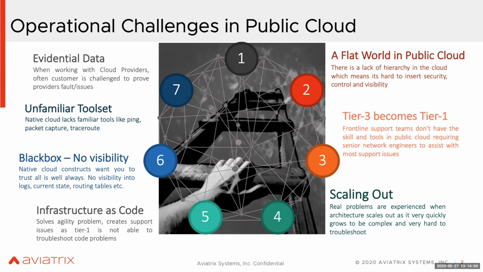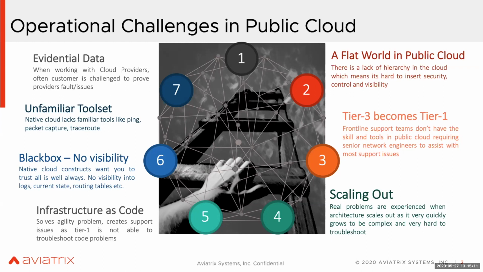This is a challenge. The tool set is not what you would expect it to be in the cloud. Simple troubleshooting tools like what Nicholas was mentioning, this is what we learn in our colleges. Ping, right? You need to do ping. You need to do packet capture. You need to do trace routes, right?